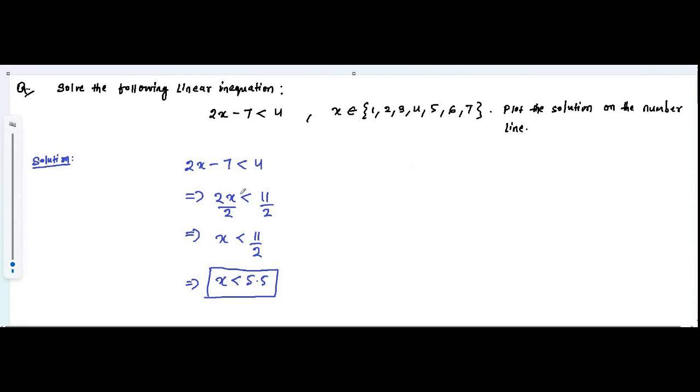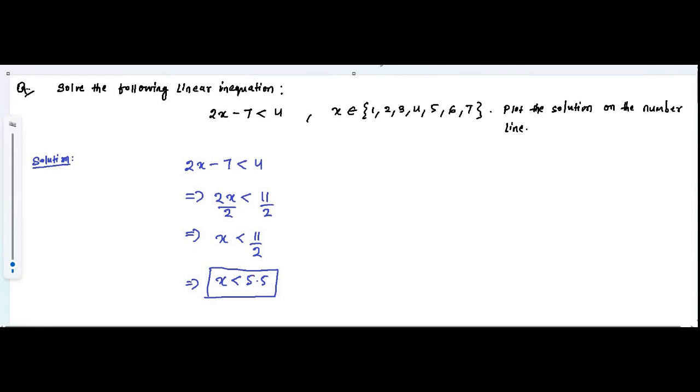Now here in the replacement set there are no decimal numbers or fractional numbers, so it's all distinct natural numbers up to 7, starting from 1 to 7. So here we have to pick the solution which fits the criteria for the given solution.